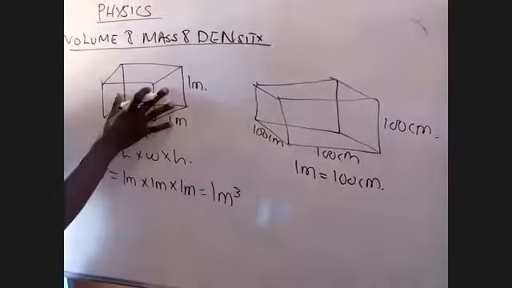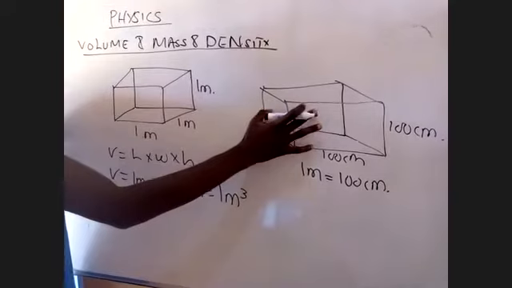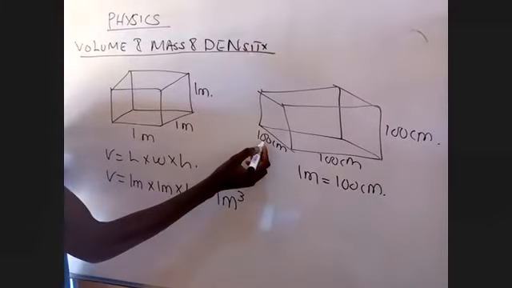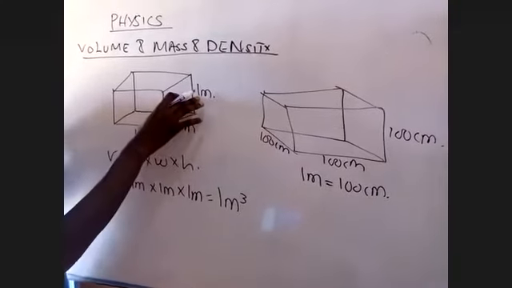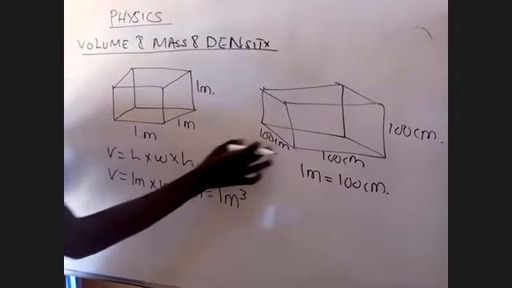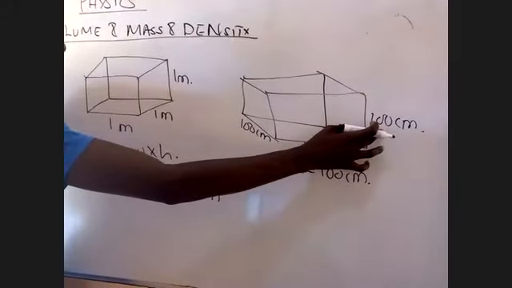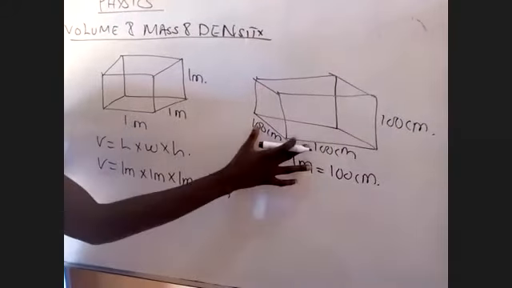So this cube and this one, they're just equal in size. We have not changed the shape. We have only changed the units of measurement, whereby we have converted 1 meter, 1 meter, and 1 meter to 100 centimeters, 100 centimeters, and 100 centimeters. Therefore, I want us to get this volume here.